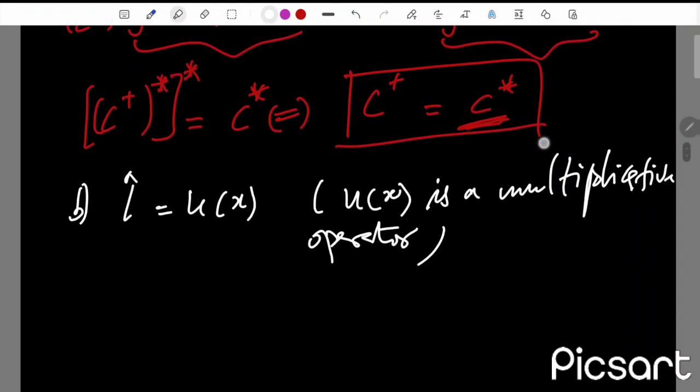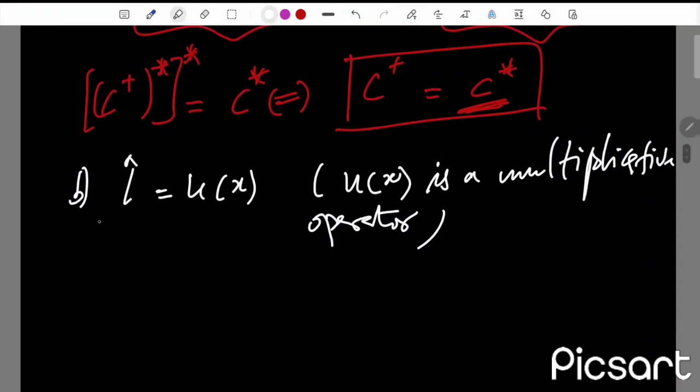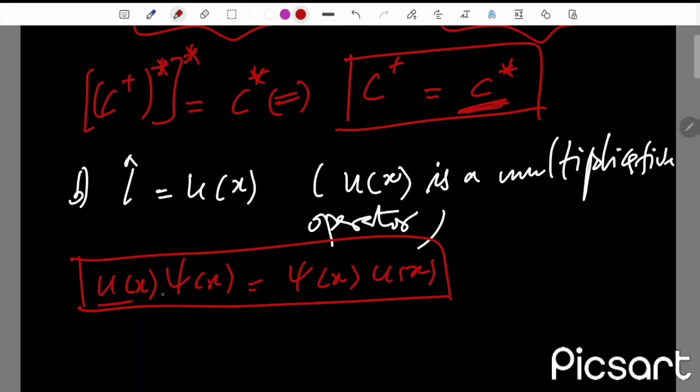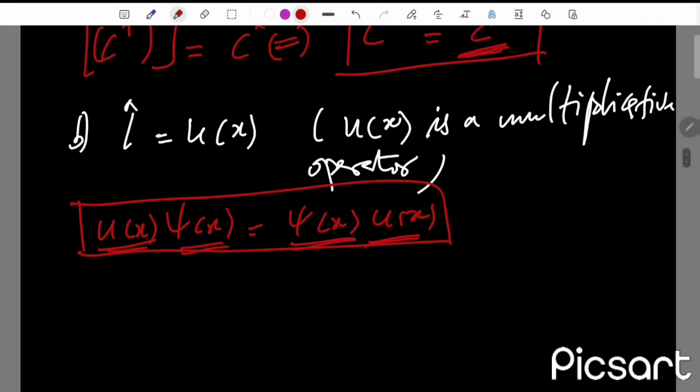Here it is very important now to remember that if U is a multiplicative operator, this means that acting on psi of x, it's equal to psi times U, because we are only taking the multiplication of U by psi, and also it's equal to U times psi.